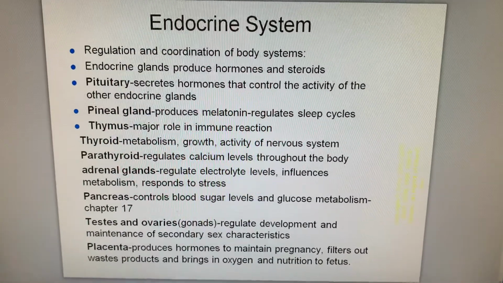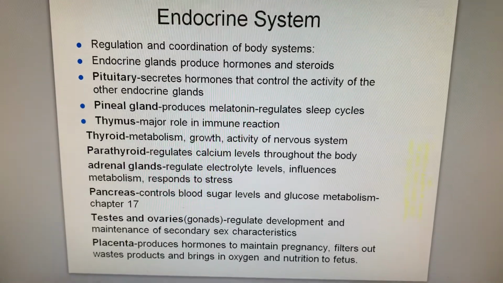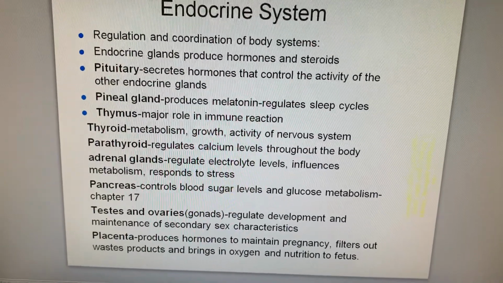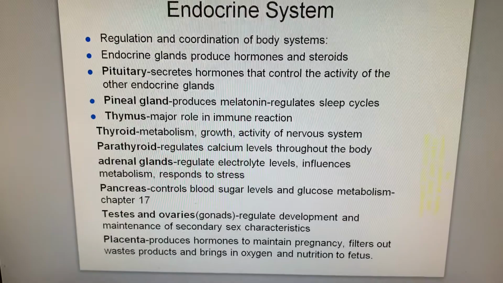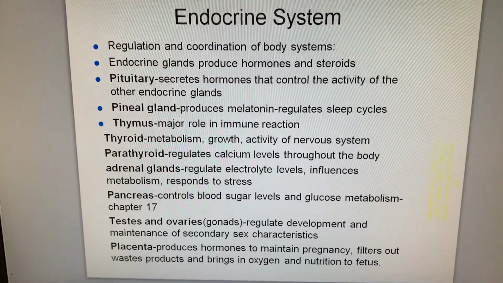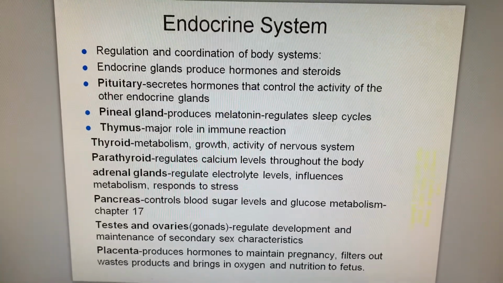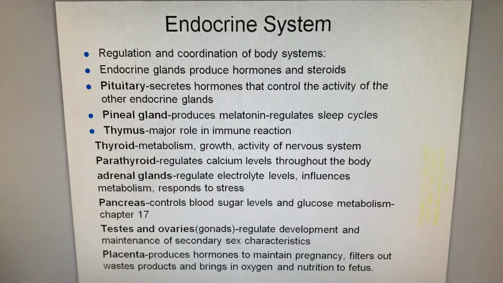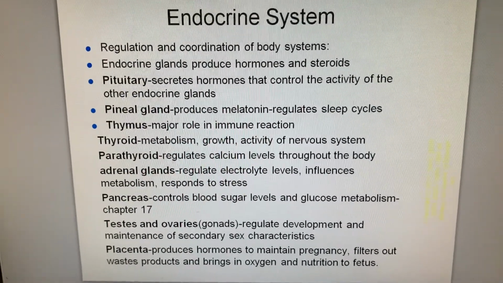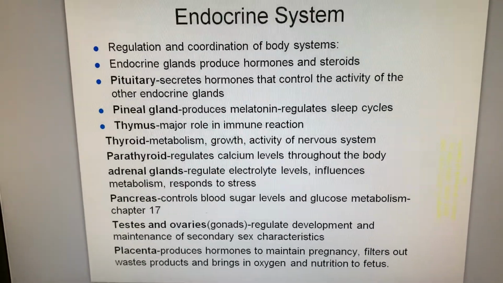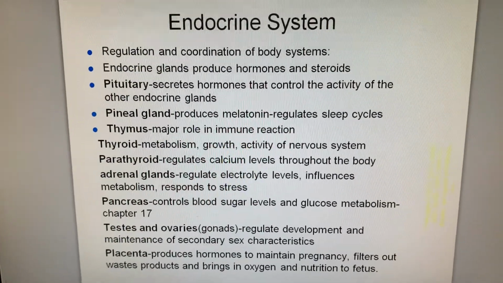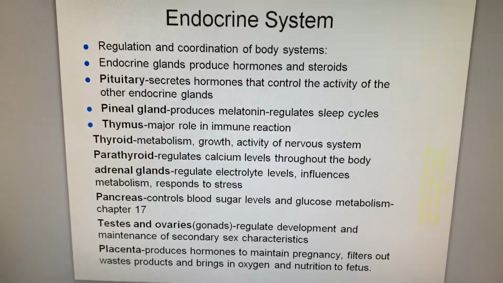And then we have the placenta, and the placenta is a fascinating organ because it's really the only temporary endocrine organ. It arises from the same cells that make up the fetus, so it's not really part of the mother, it's part of the fetus. But it produces enough hormones to maintain the pregnancy.